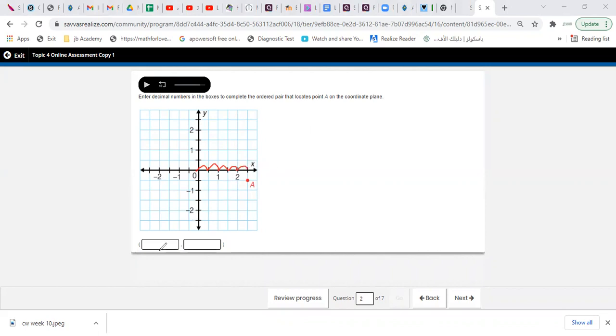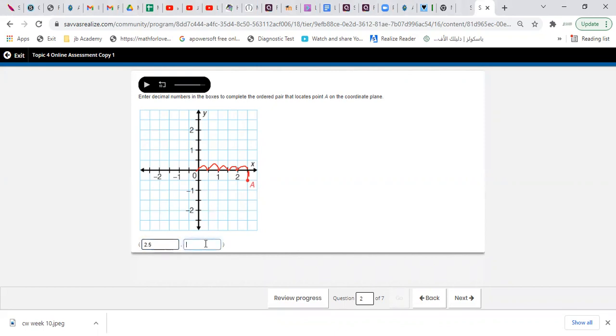Each section represents half, because the section between 0 and 1 is divided into 2 parts. So the x coordinate is 2.5.